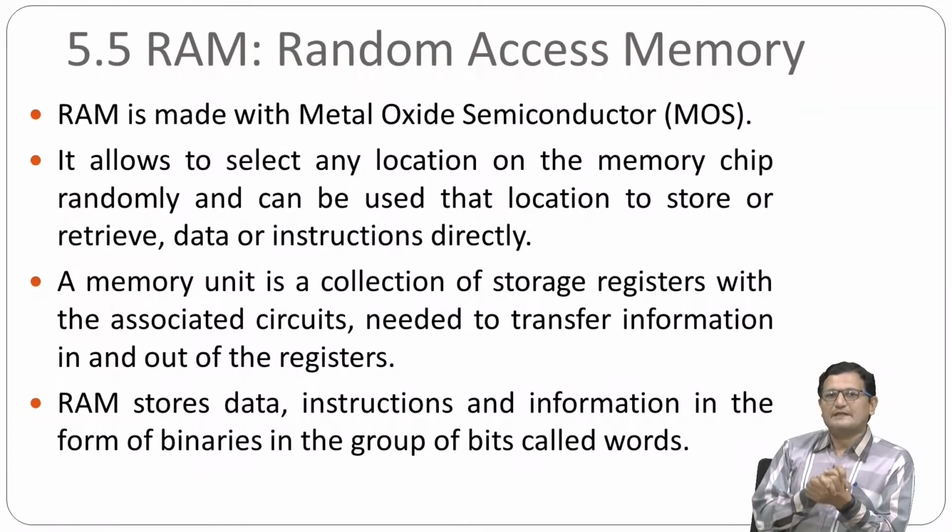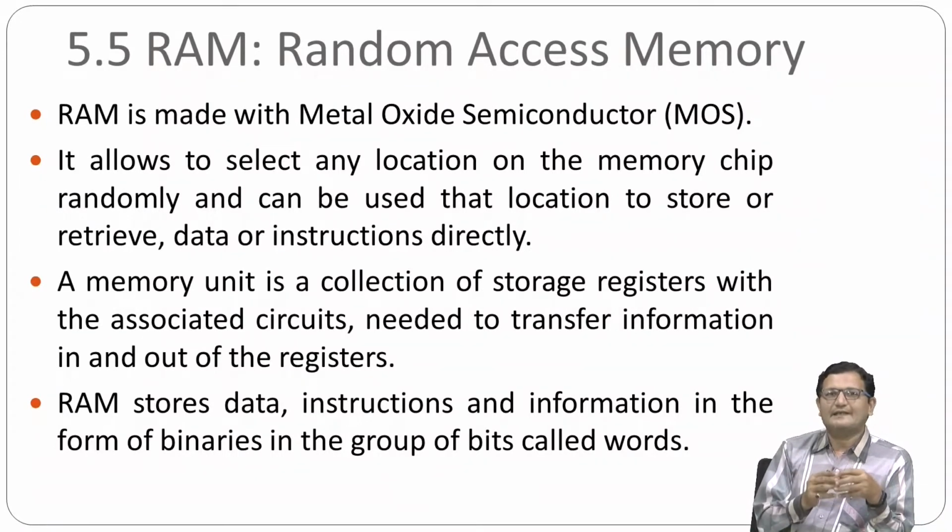RAM stores data, instructions and information in the form of binary, right. We know a machine can understand only one language, and that is the language of ones and zeros. I think in the previous unit we discussed that if you enter any number, that number will be converted into binary and then stored into the computer's main memory.